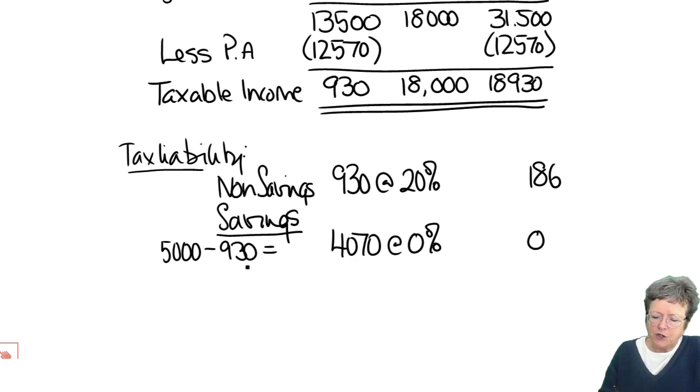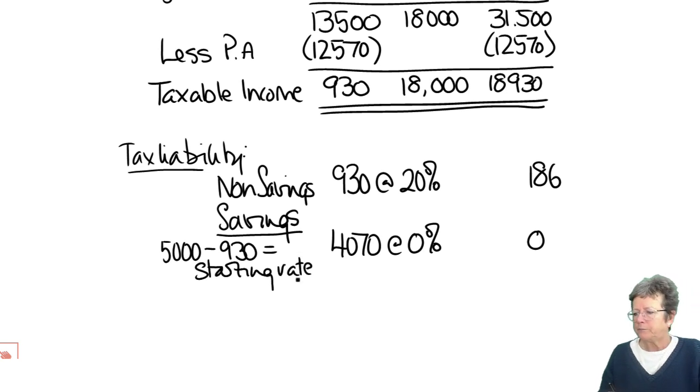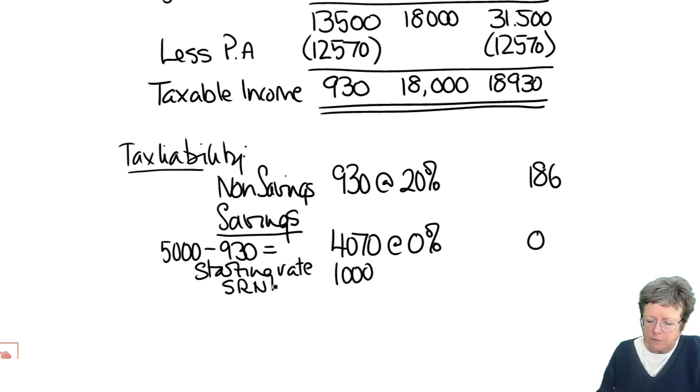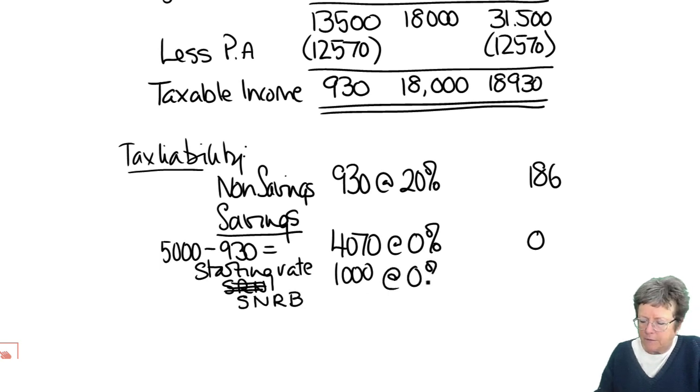Okay, that's the starting rate. Then, because she is a basic rate taxpayer, you've got the savings nil rate band. All these things at 0%.